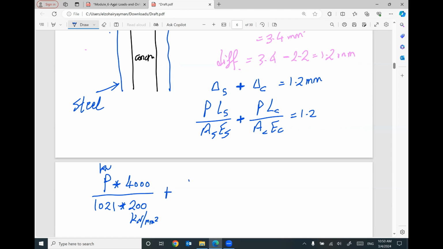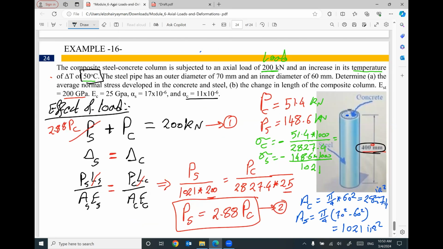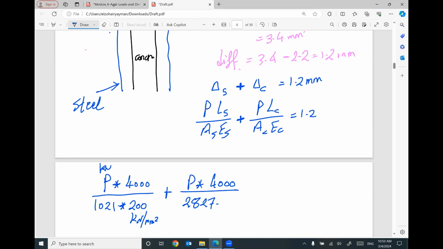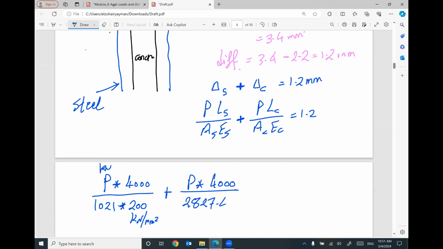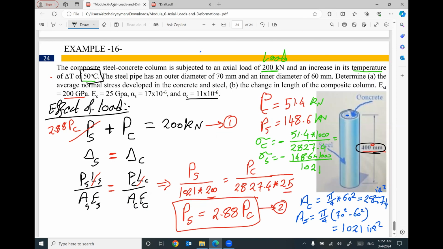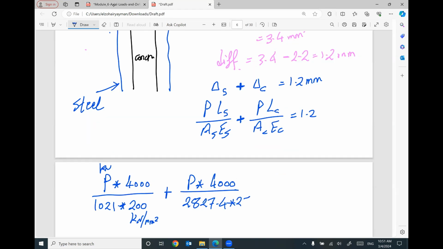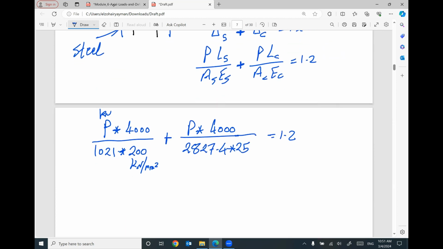Plus P times L concrete 4,000 divided by area concrete 2,827.4, I think, times E concrete equal 25 gigapascal, equal 1.2 millimeter. I think we are good with the units. So the only unknown in this equation is the applied force P.